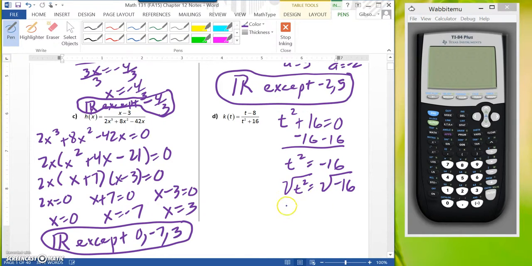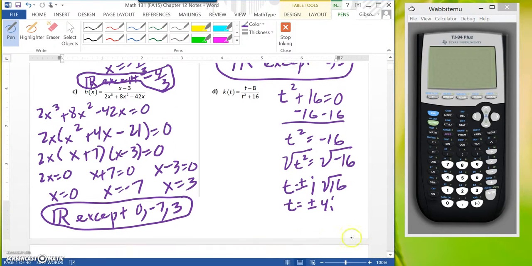And t would be equal to, now remember, when we have a square root of a negative, we would take out the i, and it'd be i times the square root of 16, and it's supposed to be positive or negative. The square root of 16 is 4, so it'd be positive or negative 4i.